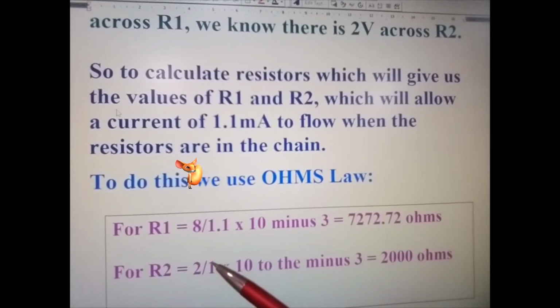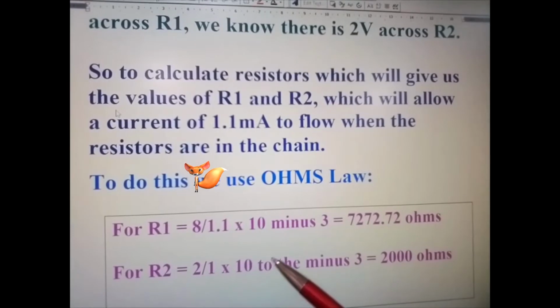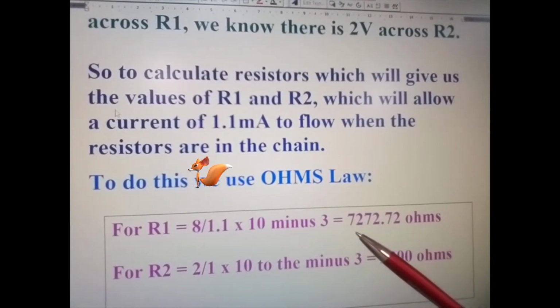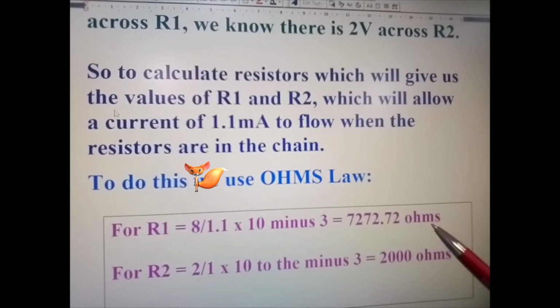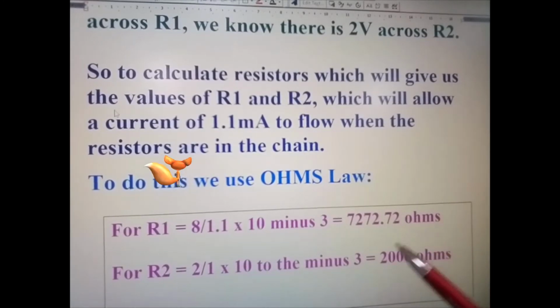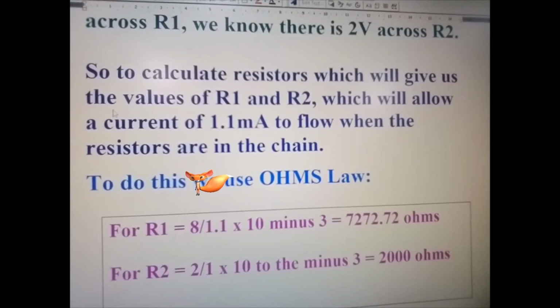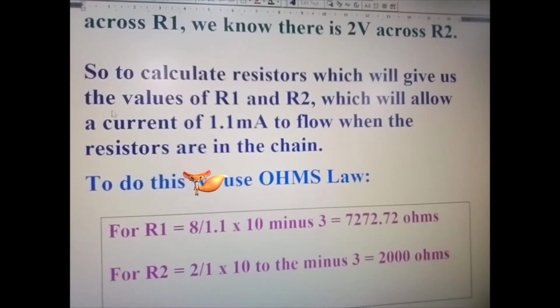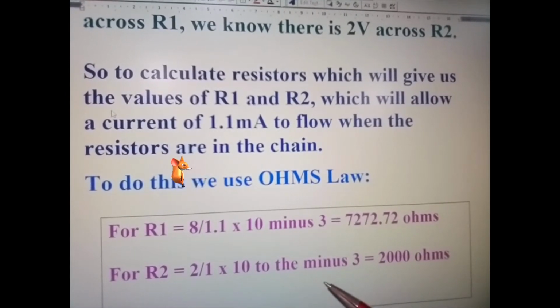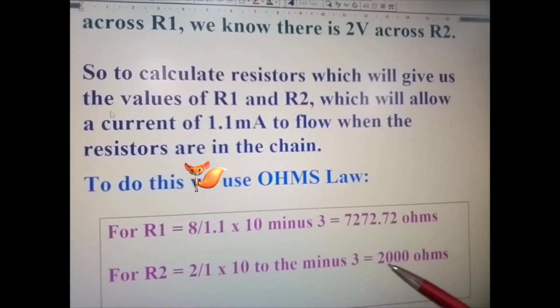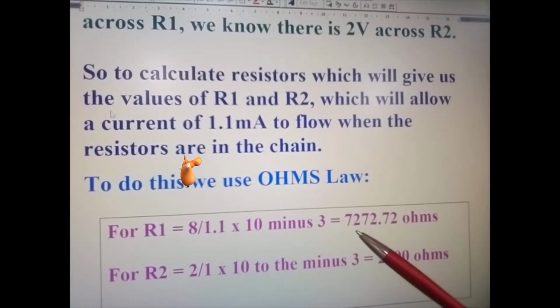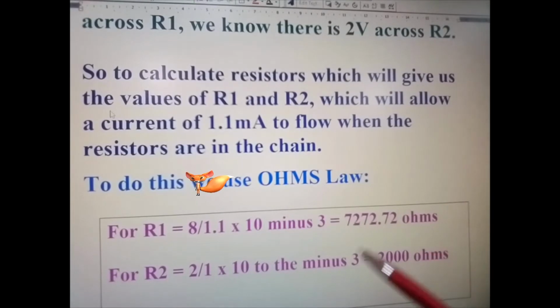R1 equals 8 over 1.1 times 10 to the minus 3, which equals 7,272.72 ohms. R2 equals 2 over 1 times 10 to the minus 3, which equals 2,000 ohms. Remember that this would simply be 2 kilo ohms and 7.27 kilo ohms.